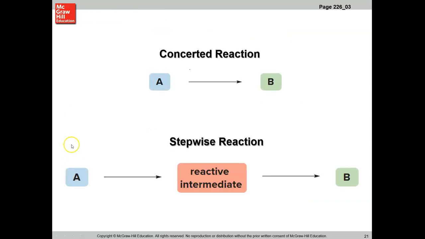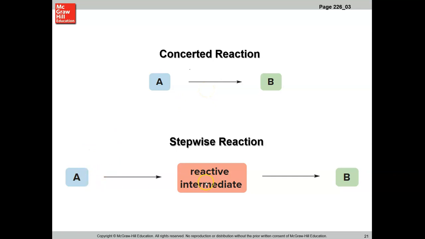Some terminology that I want to point out, as we're starting to look more at chemical reactions, is this idea of concerted reactions versus stepwise reactions. Concerted reactions are basically where you just have your reactant and your product, and you're not looking at any of the mechanistic things happening in the creation of that product, or it all happens at once.